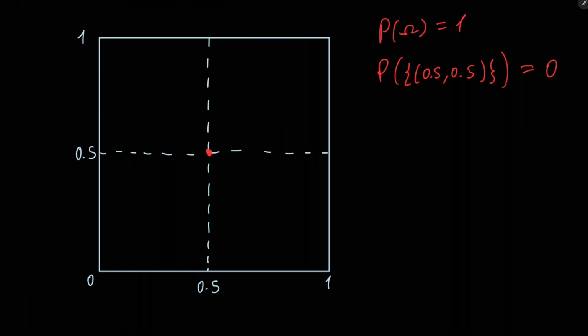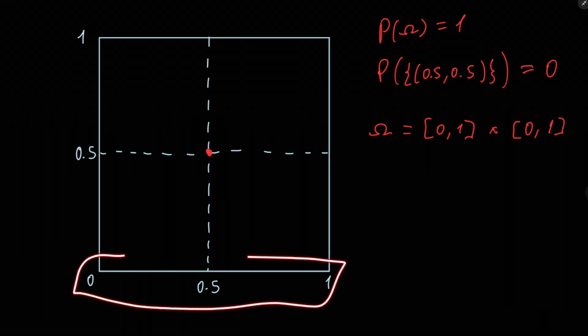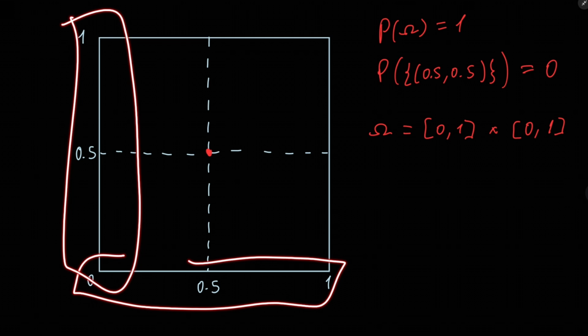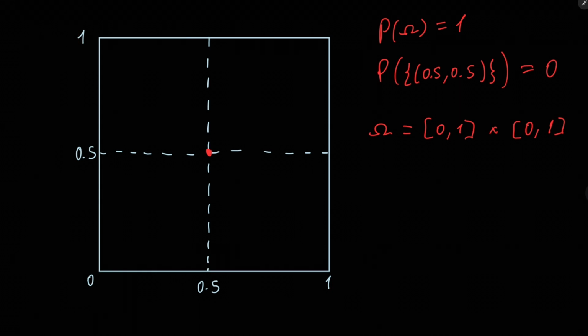So we could say that the dartboard is a unit square, and therefore the entire sample space is an interval from 0 to 1 by an interval from 0 to 1, which is what we see here, right? And then we can make questions in terms of area. For example, consider an event A, which is the dart hits the left half of the board.